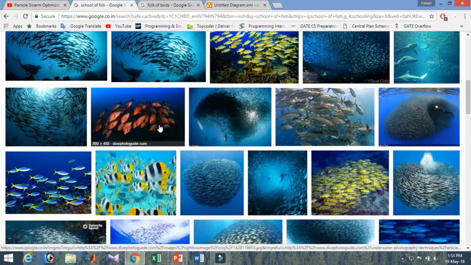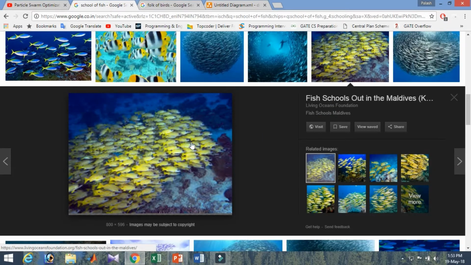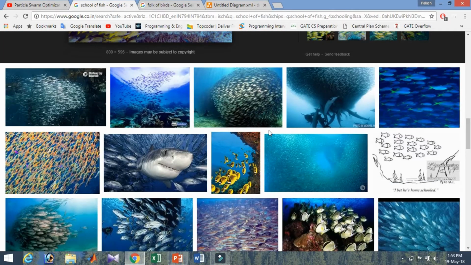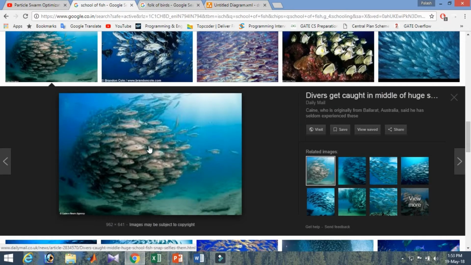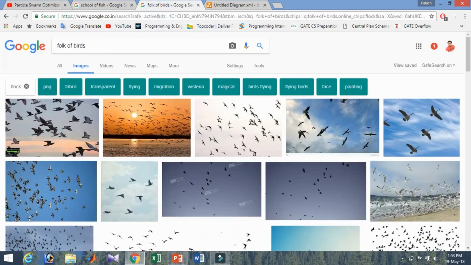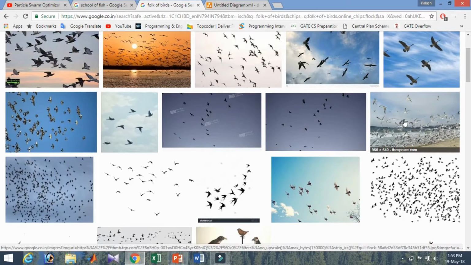See, the school of fish is going in a particular direction. Here also, the school of fish is going in a particular direction to search for food or something else. It is the best example. Also, the school of fish is coming in this direction. In the case of birds also, the bird is flying from one position to another position, under certain conditions, searching for food or surviving themselves.